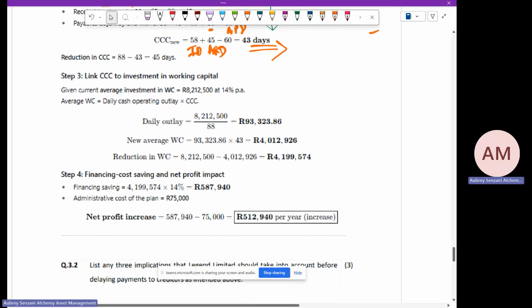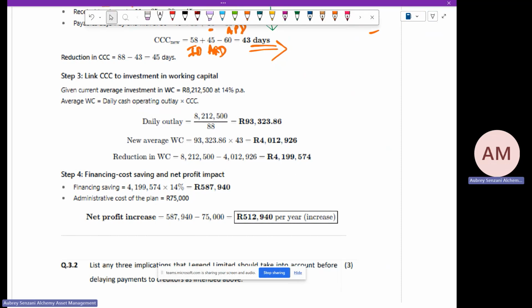And what's our starting point? Firstly, we need to know how much we spend daily invested in working capital. They gave us the annual. They told us that per annum, we invest 8,212,500 at 14% per annum.